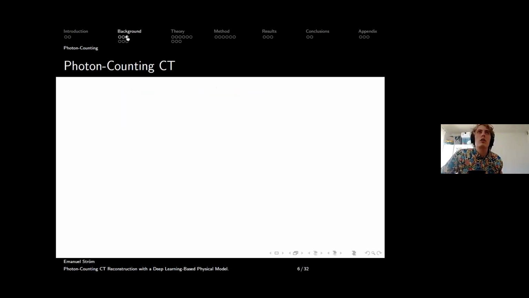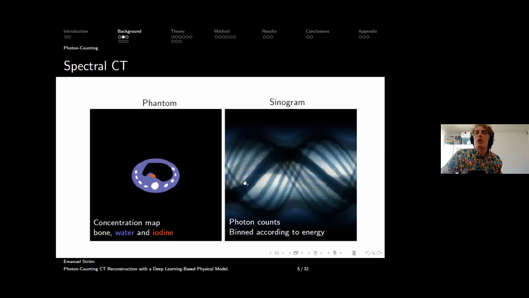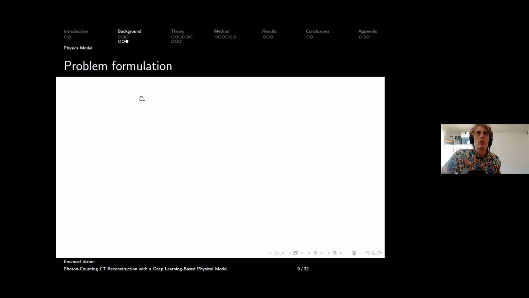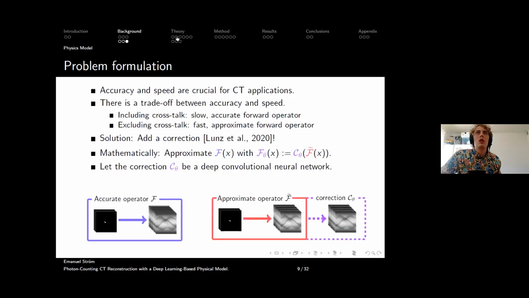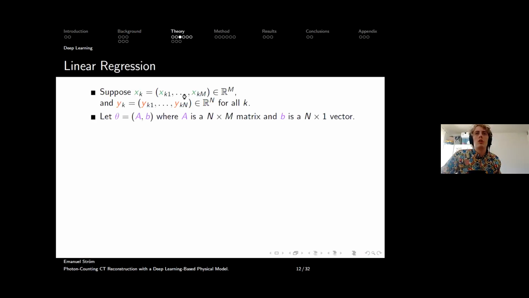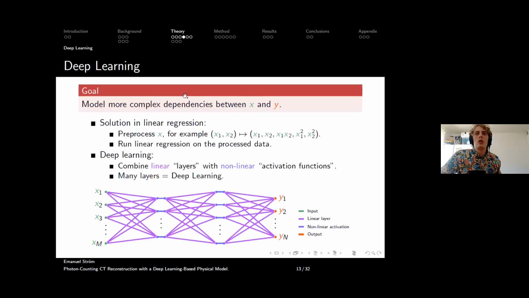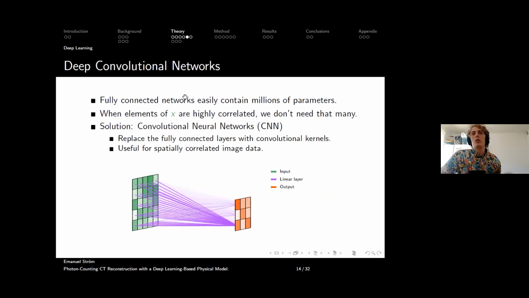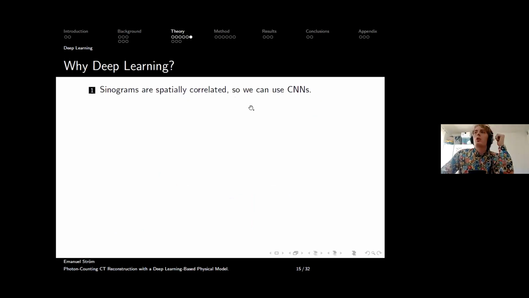Here we see that there is a clear spatial correlation, like pixels that are close together are correlated. So we can use these convolutional neural networks, which enables us to use these very powerful tools in deep learning.